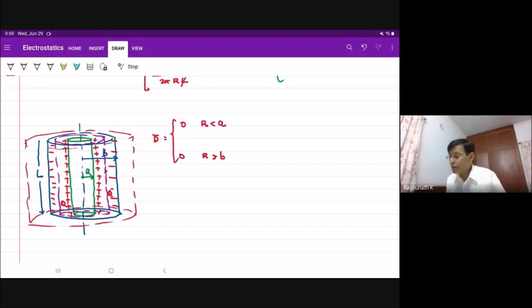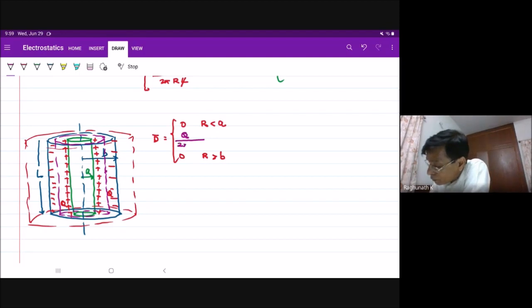Because of which D is Q by 2 pi R L. You agree with this? Q is the total charge, L is the length of the cylinder, and 2 pi R into L is the total area through which Q coulombs of flux is passing, for A less than or equal to R less than or equal to B.